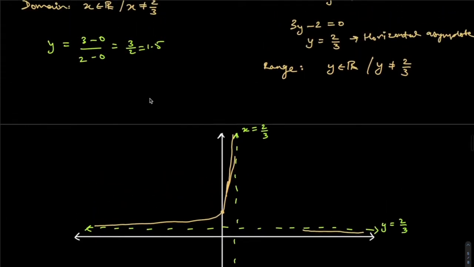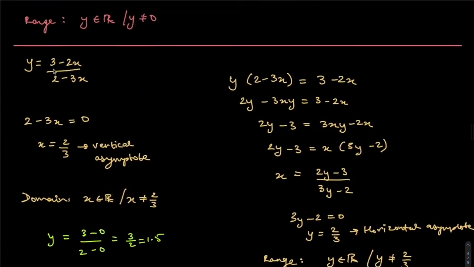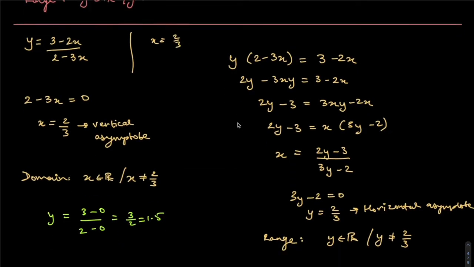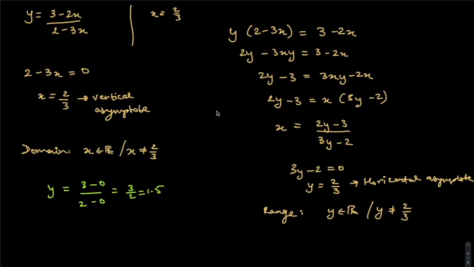If I want, I could even find the x-intercept. I found the y-intercept, so I can find the x-intercept too. All I have to do is let y equal 0. You can do it on your own time, but if y is equal to 0, x is going to be, quite evidently by looking, not 2/3, it's going to be 3/2.